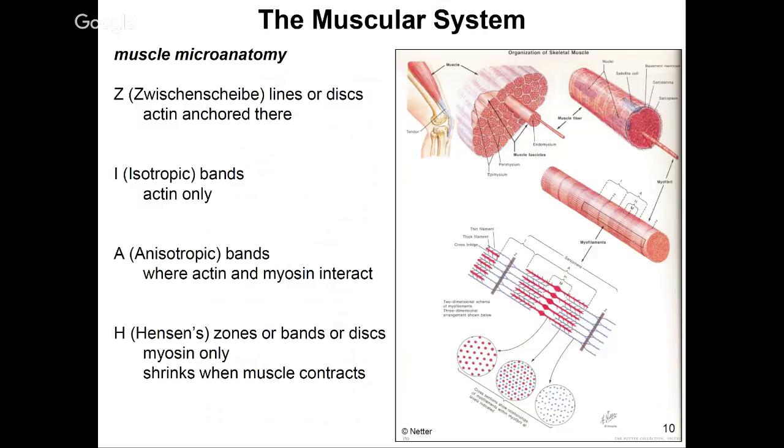So this is I. They call it the isotropic bands, where there's only actin present. And this area here where you can see the red, that is the A bands, or the anisotropic. I want to make sure we get all of these labels. So H.